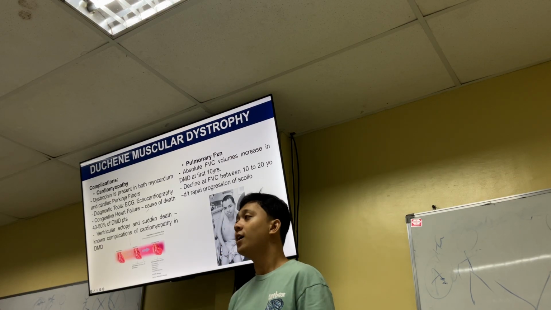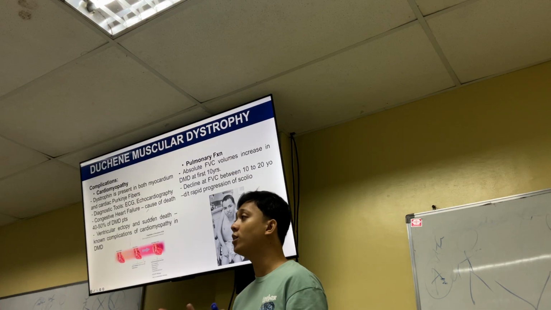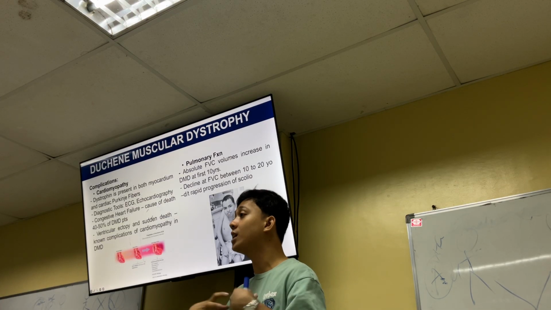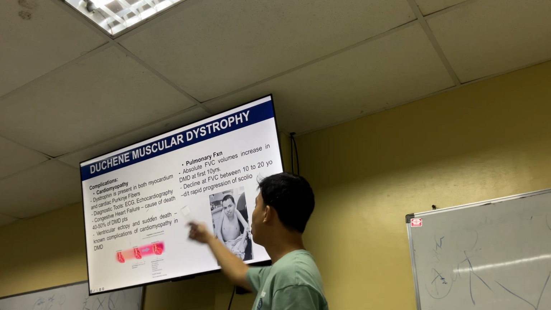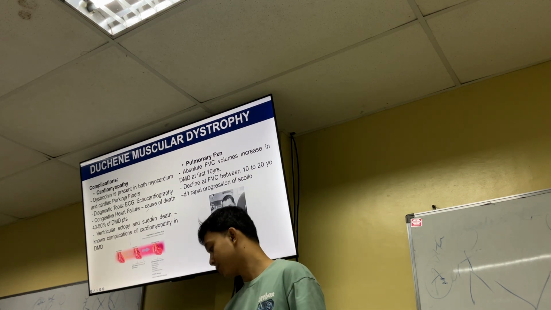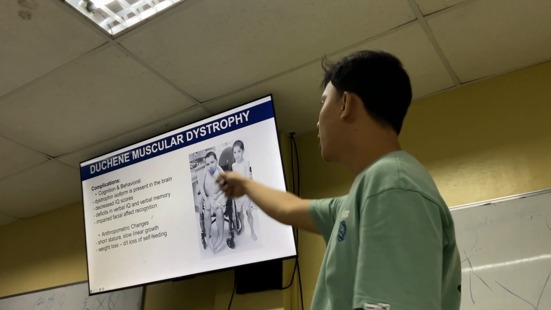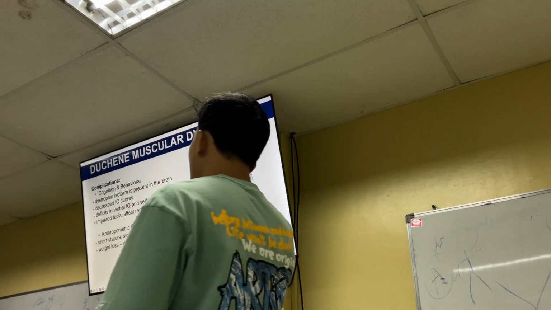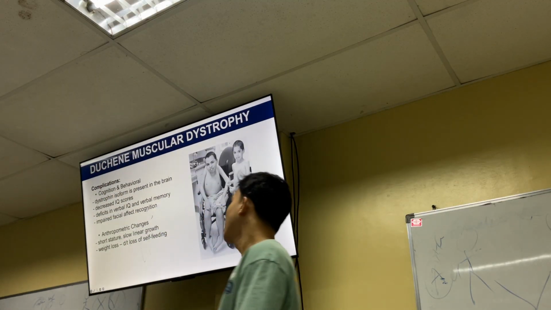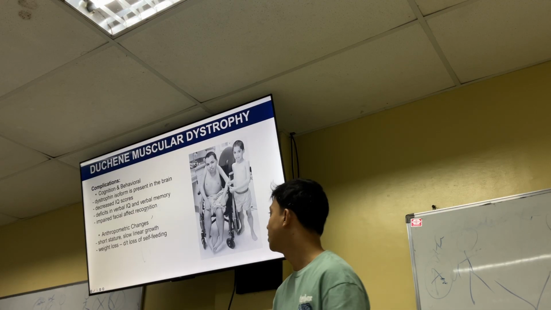If there is rib malformation, sometimes the lungs are compressed or affected, leading to pulmonary problems. Complications also include cognition and behavior. Dystrophin is also present in your brain, leading to verbal and neurological affectation.